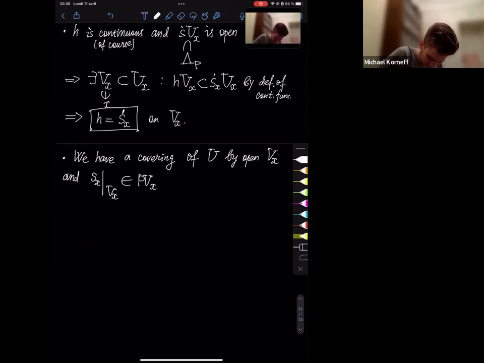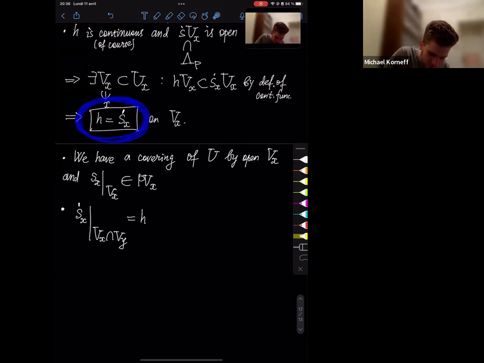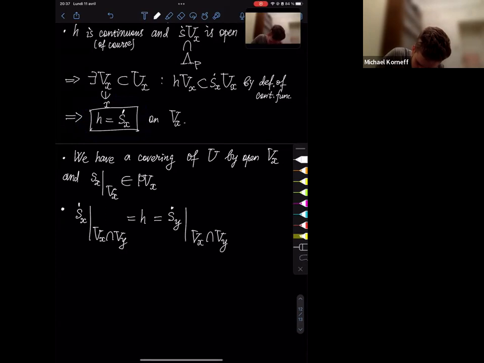Thus, we can write that Sx dotted restricted to the intersection of Vx and Vy equals h, and also it equals Sy dotted restricted to Vx intersect Vy.